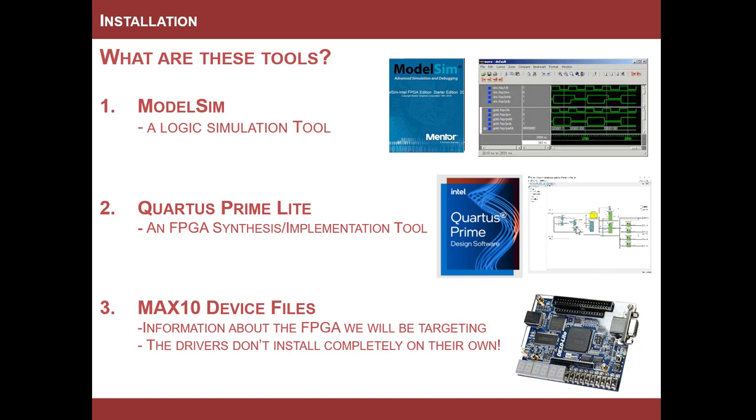And when you implement your design using Quartus, it actually maps your final logic gates into the gates of the FPGA, and it creates the configuration file that is downloaded onto this board that then allows you to prototype your design. So when we grab Quartus Prime Lite, that does the synthesis. We also have to grab the device files for this particular FPGA so that it knows how to map your circuit onto the devices that are available. Okay, so let's go download the software.